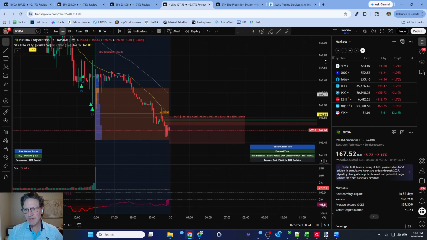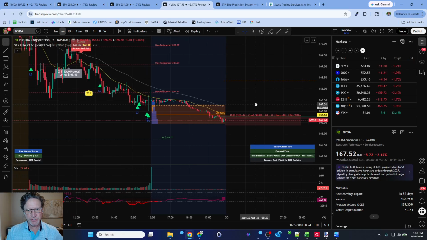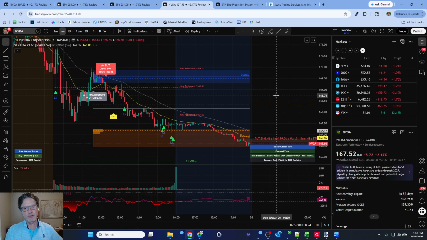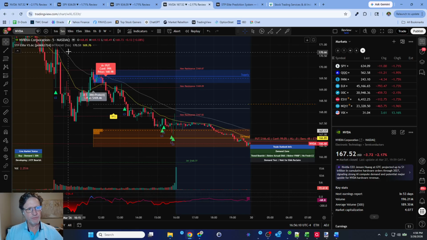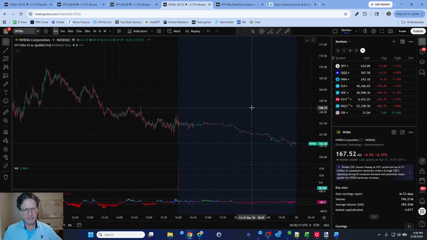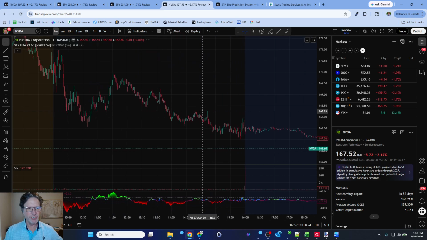Now, one of the things that I showed you over here is these symbols have a lot of information in them. And if you're day trading, you don't want that information. So what happens is you get a whole new set of symbols. And these symbols are designed specifically for somebody who wants to day trade.